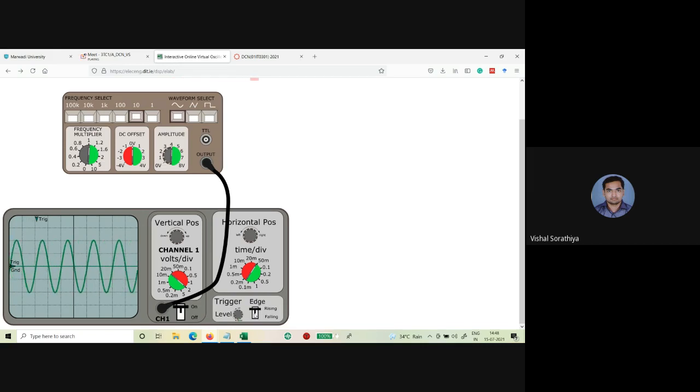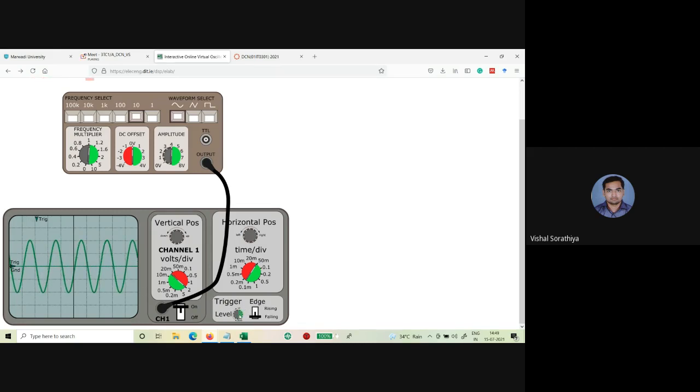The edge button identifies whether you are detecting the rising edge or the falling edge of the signal. When you have the falling edge, your signal is reversed from the rising. If you see the center, the signal is now going from down to upward, or first from negative to positive. In falling, it is going from positive to negative. So which edge you are considering, positive to negative or negative to positive, this edge is used to do that.